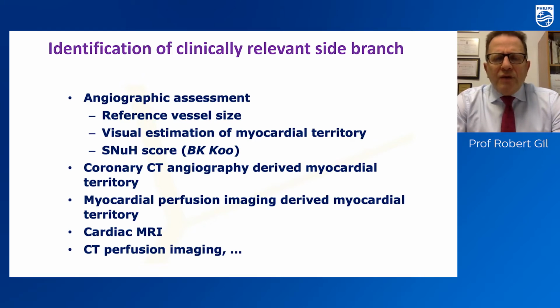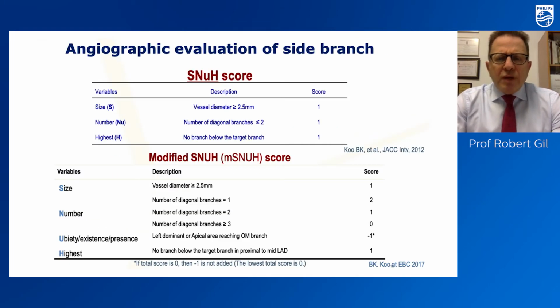And of course, you have a lot of techniques which you can use to get the final decision. However, today I would like to focus on angiographic assessment, which can be very easily used by interventionalists. Here you can see the proposal of Medina, who proposed a very clever, I would say, score. This is the SNOOC score, where three parameters should be used.